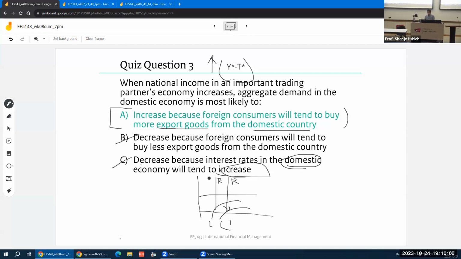Anyways, B and C are wrong, and my small minor point is that if this increase in wealth were coming from the domestic economy as opposed to the foreign economy, then C could be right, but its statement is totally false. All right, that's question 3.